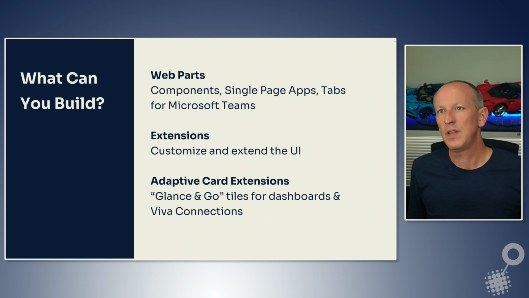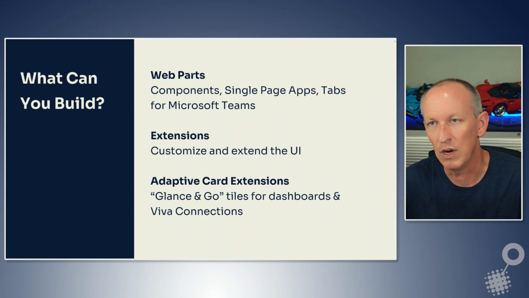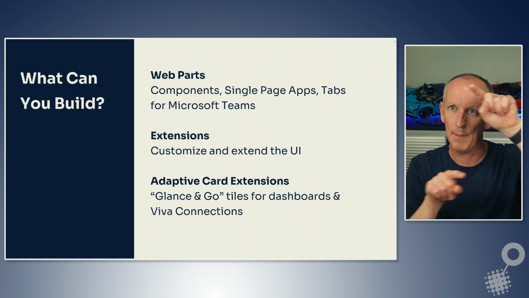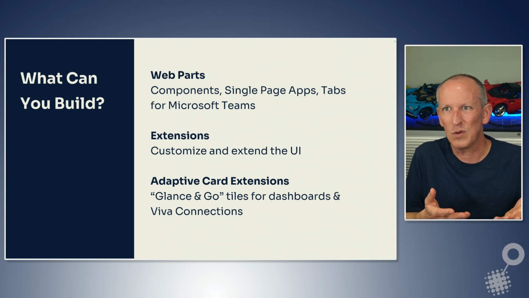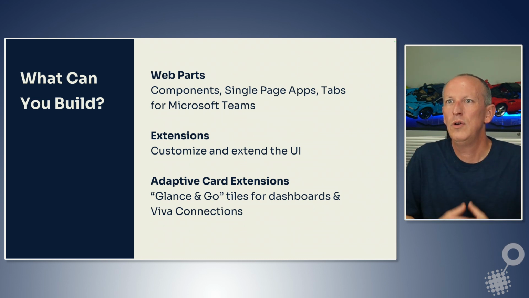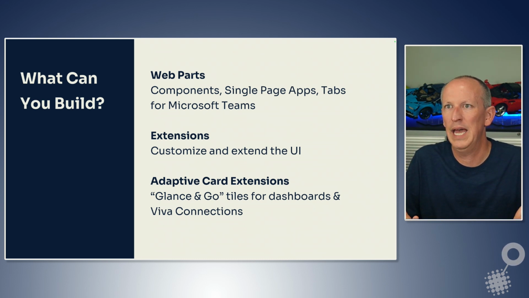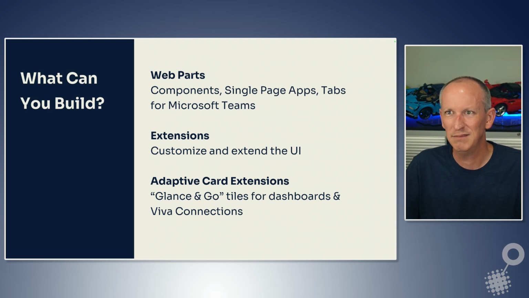The other type that we have is called an app customizer. It's the most robust one, I think, because it allows us to run JavaScript on the page, and it gives us access to two divs at the top and the bottom of the page. A big scenario for this is, let's say you wanted to add Google Analytics or Microsoft Clarity to your SharePoint tenant. As we all know, if we've used SharePoint as an administrator before, the telemetry and the usage analysis of how our customers, our employees, are using our SharePoint tenant, it sucks.